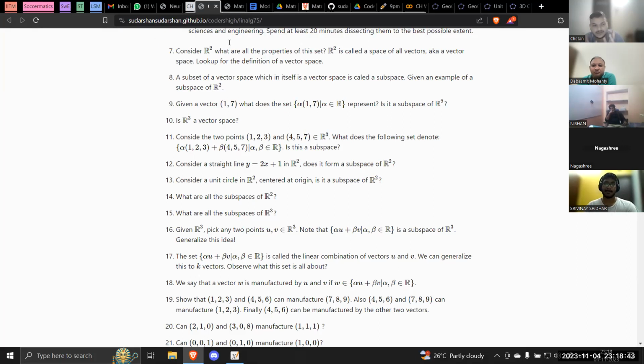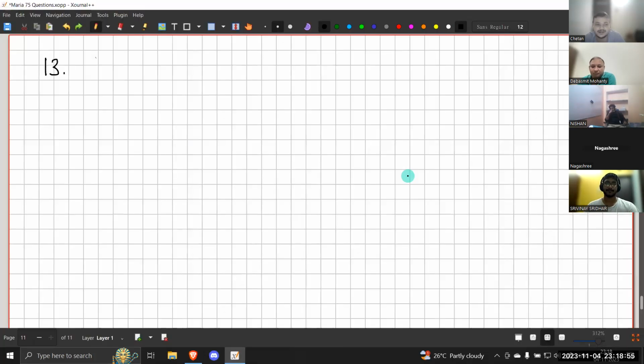So can we conclude? We're observing a very interesting thing here: any shape that's closed cannot be a subspace. Our plane is not closed, it goes from infinity to minus infinity. Our lines are not closed, they go from infinity to minus infinity.